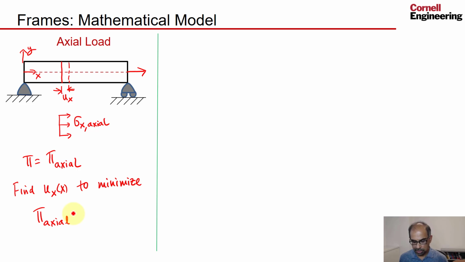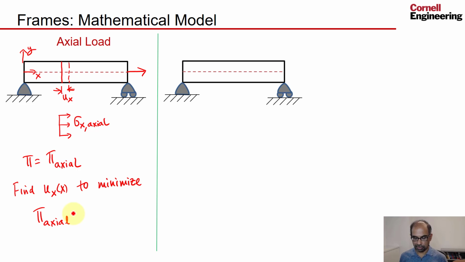Let's now consider a second case where you take the same bar and now you apply a transverse load. So you apply a load like that. And then you look at the same cross section and you say, hey, so again, you assume that the cross section will move as a whole. It'll get displaced downwards. So it's going to move something like that.